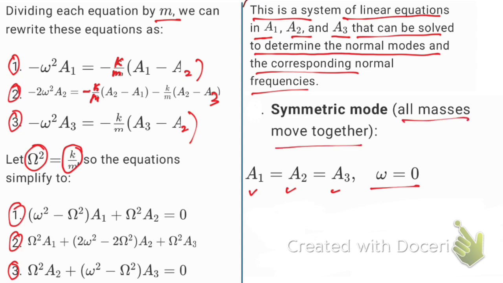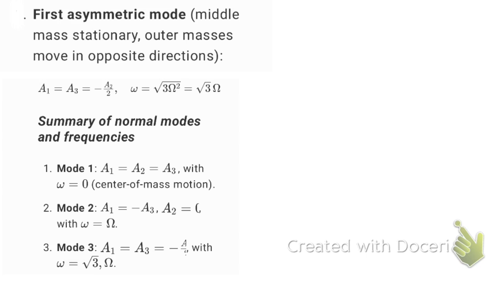Next, the first asymmetric mode, when the middle mass is stationary and the outer masses move in opposite directions, we get a1 equal to a3, which is minus a2 by 2, and omega equal to this.